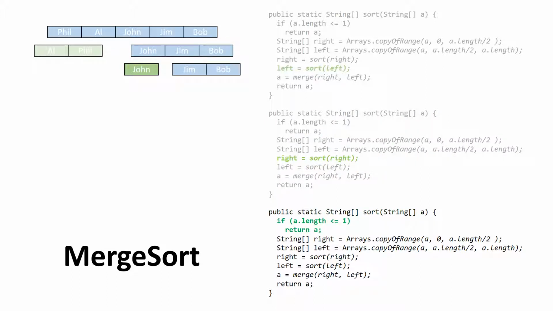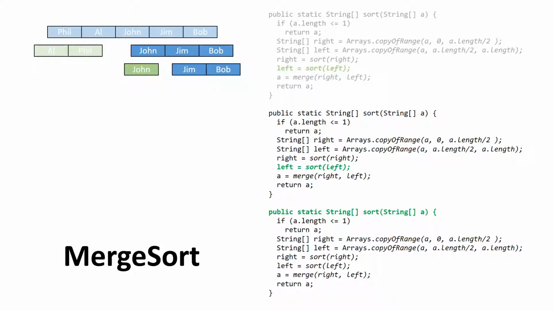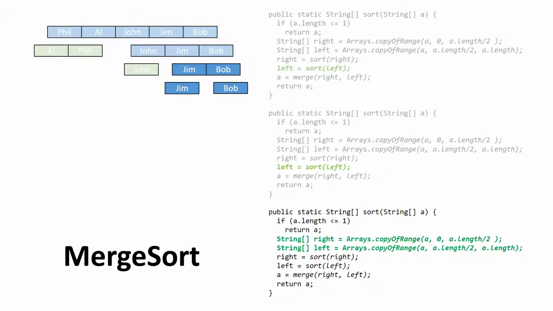That one's length 1, so we're done and just return it back. And now call sort on the left-hand side of the array. It's more than one item, so we have to create our two subarrays.